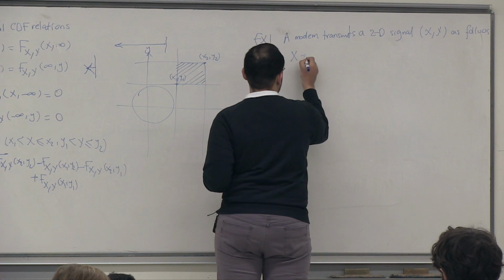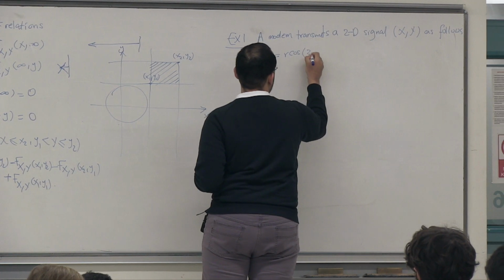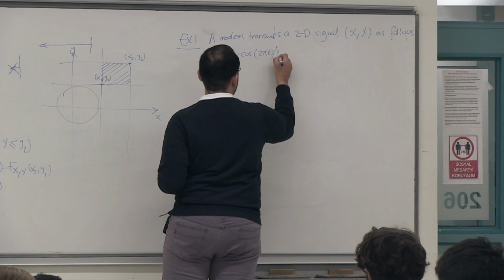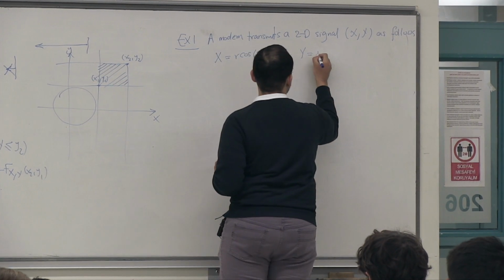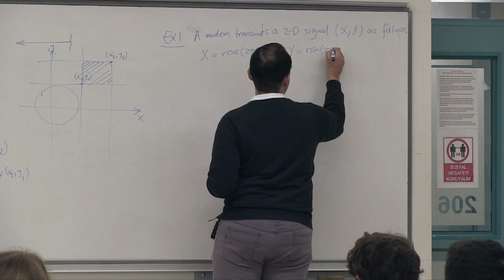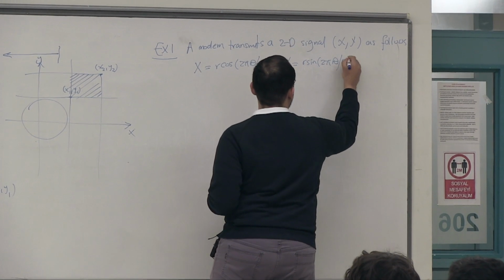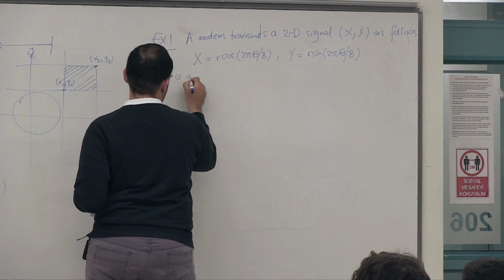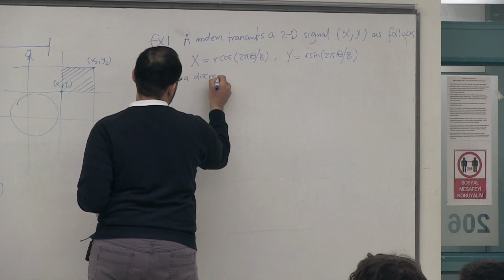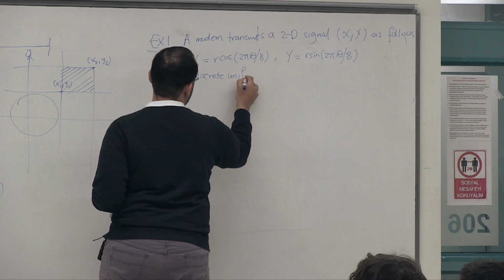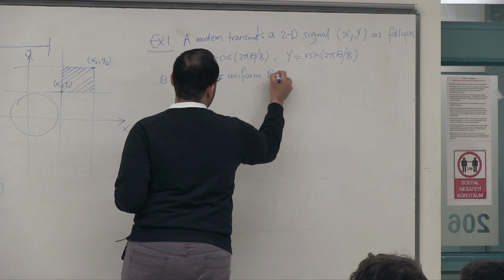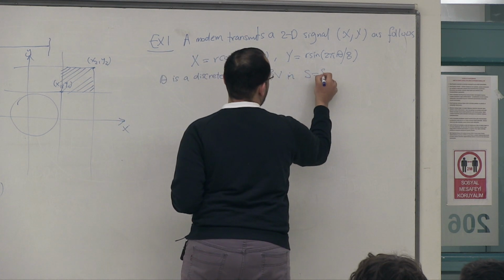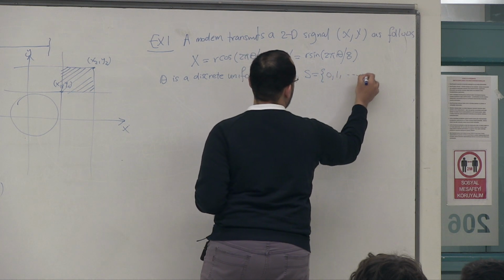X equals R cosine of 2 pi Theta over 8, Y equals R sine of 2 pi Theta over 8. Theta is a discrete uniform RV in the set S equals 0, 1, ..., 7.